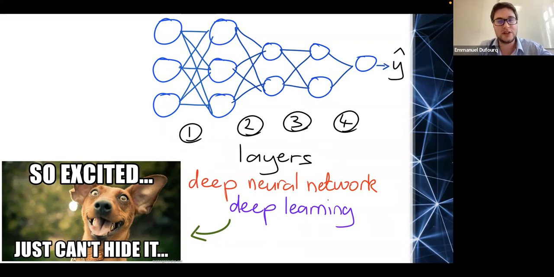Essentially, deep learning is just neural networks that have many layers, and it's nothing more than that. Of course, the operations will differ from architecture to architecture, and we will look at the convolutional neural network next. But the primary idea is just we keep on adding more and more layers.